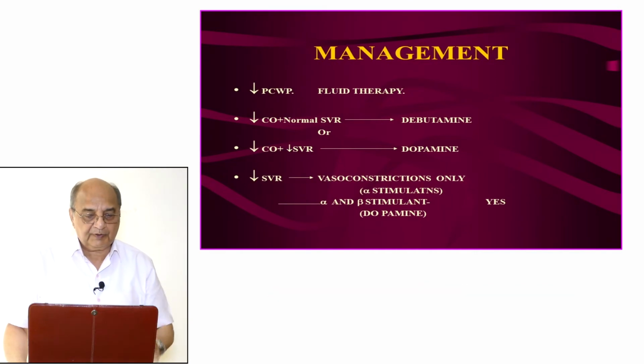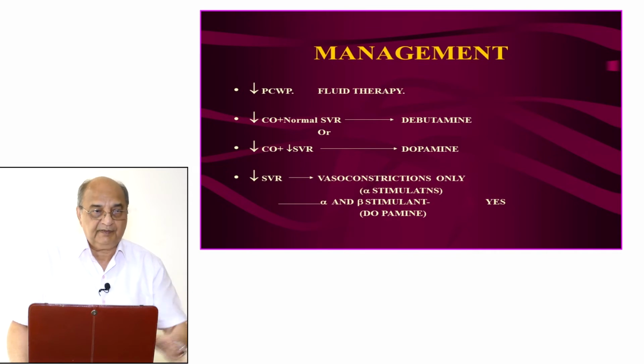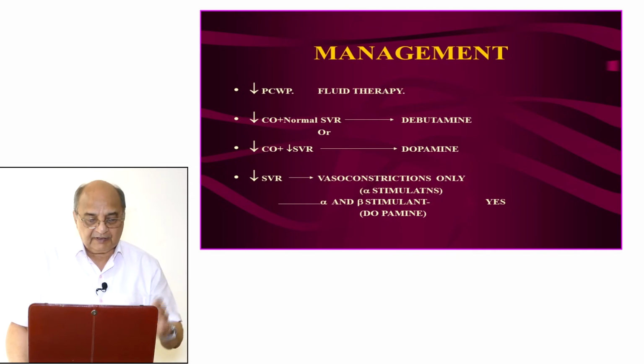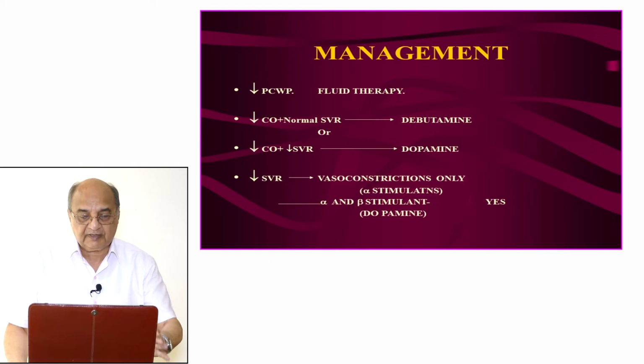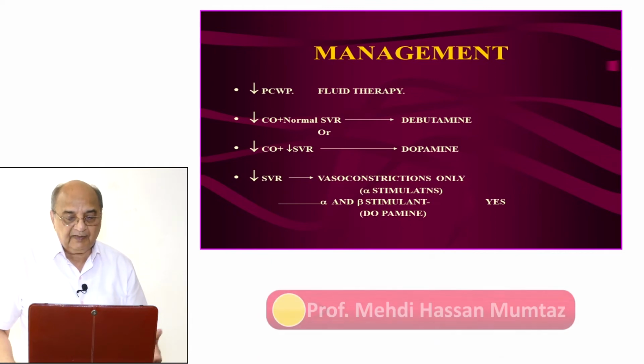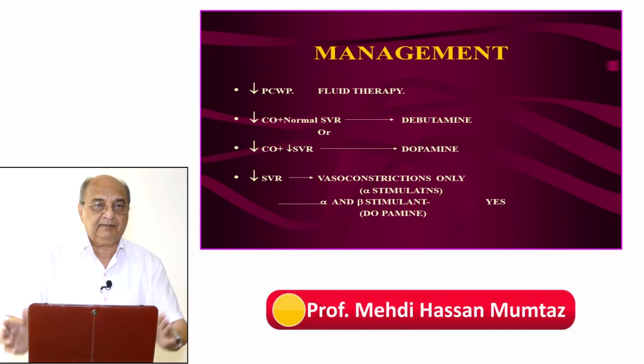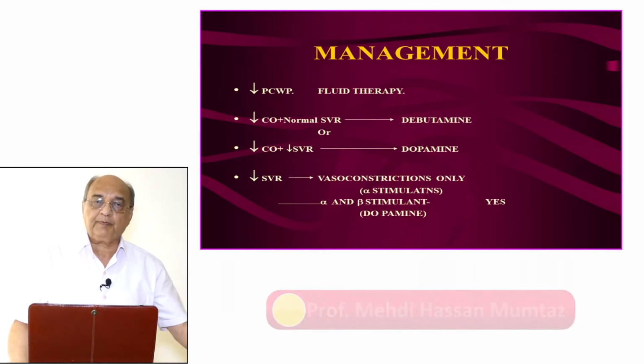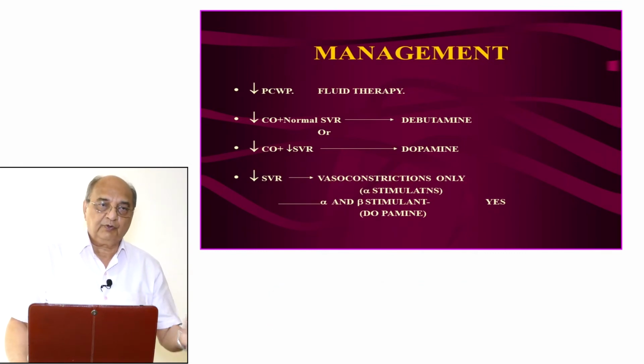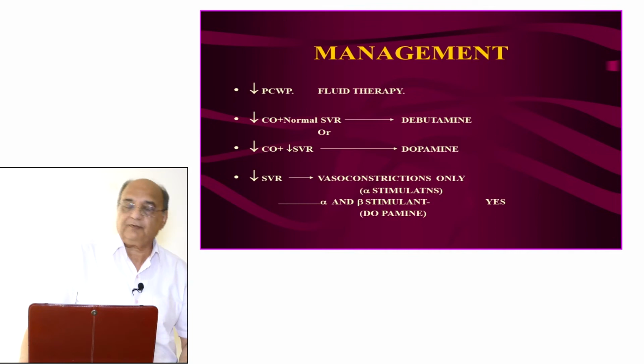Or if the cardiac output is low and SVR is decreased, then you use dopamine. If the SVR is reduced, you use vasoconstrictors only, or you can use alpha and beta stimulant at the same time. You can have that effect from dopamine also. If you only want an alpha stimulant, you can use norepinephrine or noradrenaline.